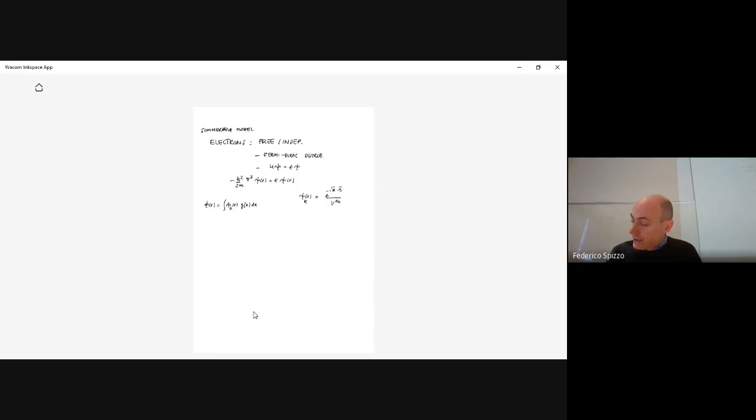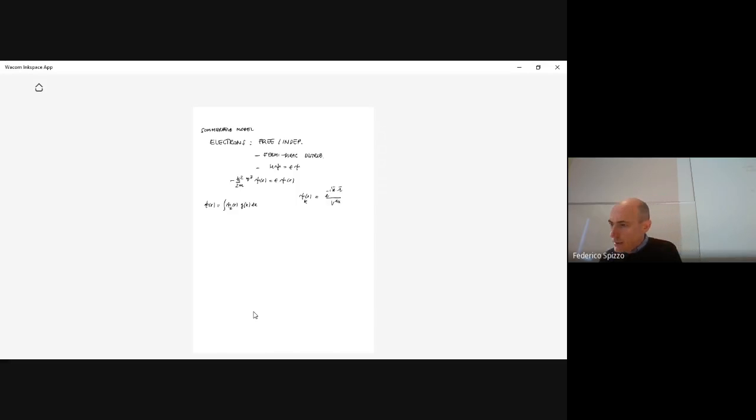And due to the fact that here you have no potential, so V is equal to 0, this means that the Schrödinger problem is invariant under translations. So the fact that we have invariance under translation means that the momentum is a conserved quantity. So the wave function, in this case the plane wave, will also be an eigenfunction of the momentum operator.